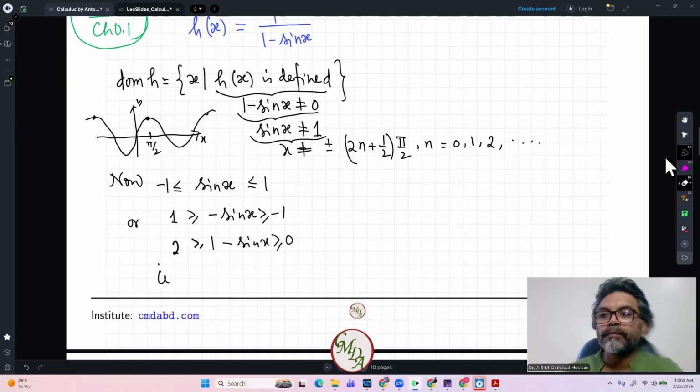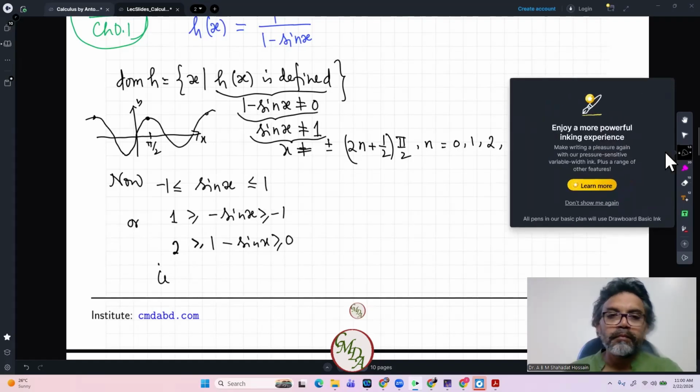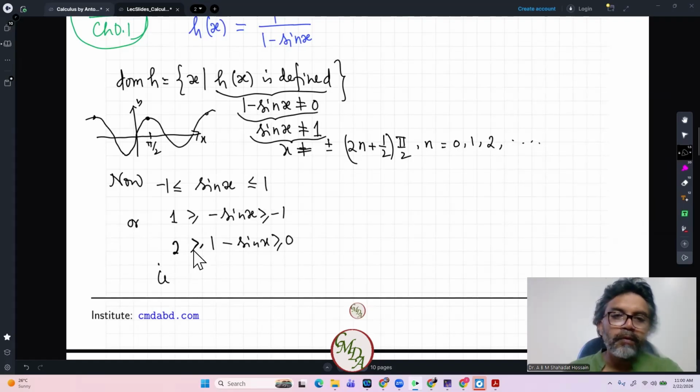Okay, so we can now reverse this situation. So 1 by 1 minus sine x is now, so half is less than, when you do the reciprocal, then the inequality sign changes again.